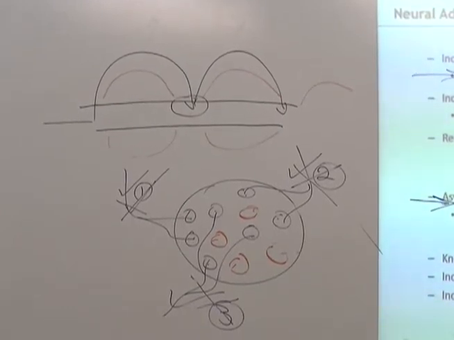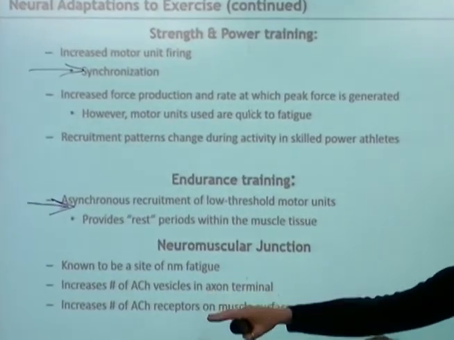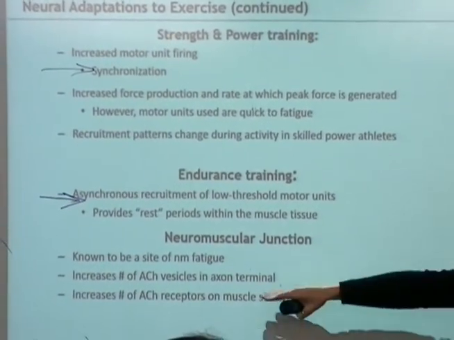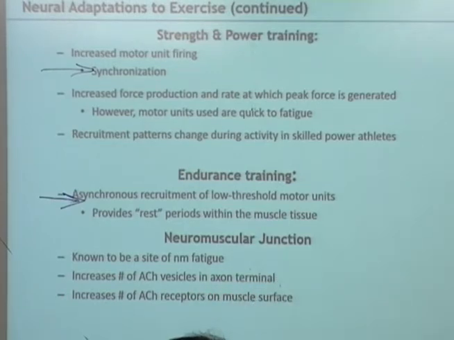And then we also see some adaptation at the actual neuromuscular junction, the synapse between the motor nerve and the muscle fiber. All right, we mentioned earlier in the week that that was a possible site of fatigue. So one of the things that we see happen there is that the little storage pockets that hold the acetylcholine, we see more of those develop.